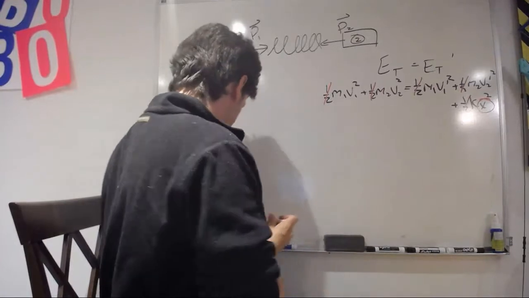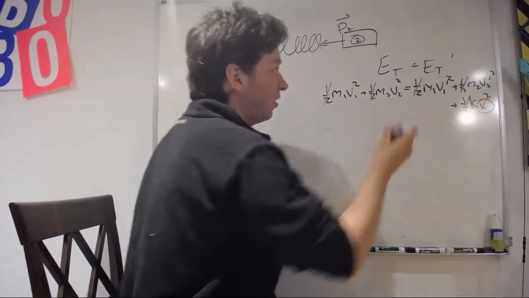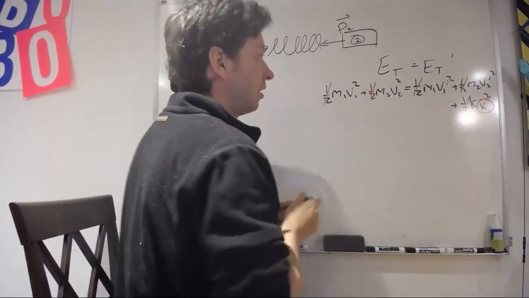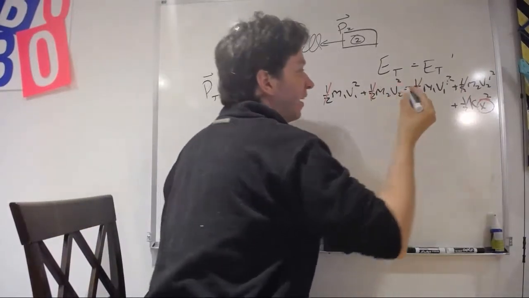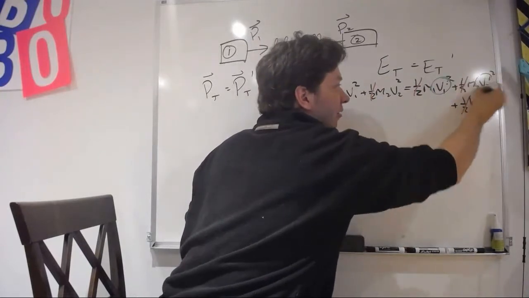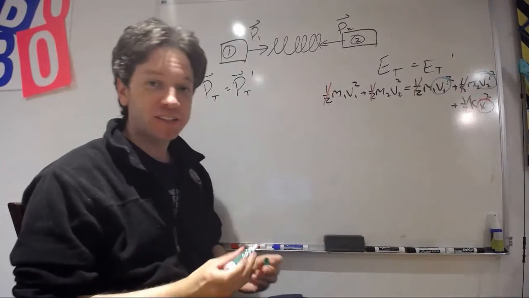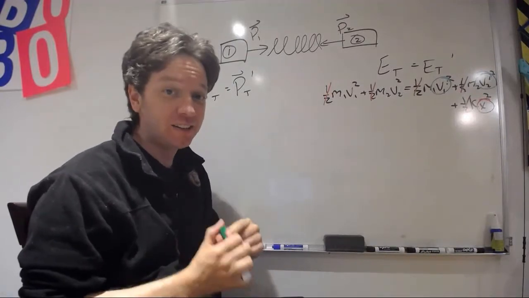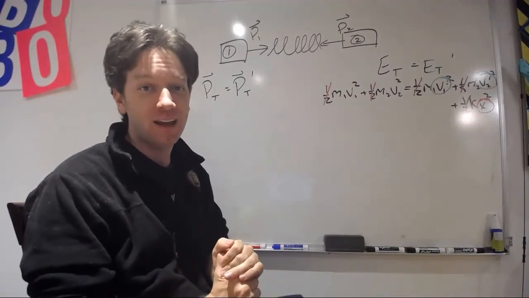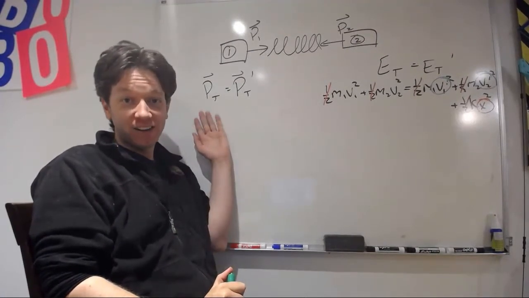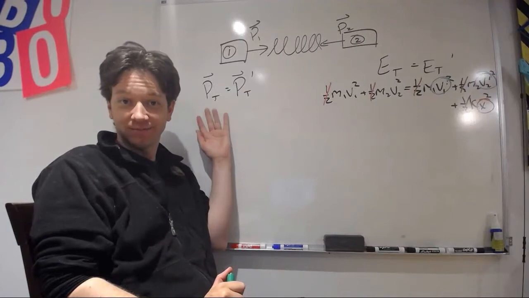These are what I don't know. I do not know the final velocities of either cart. So I can't possibly solve this equation for x until I know v1 prime and v2 prime. How am I going to figure out the final velocities of the carts?